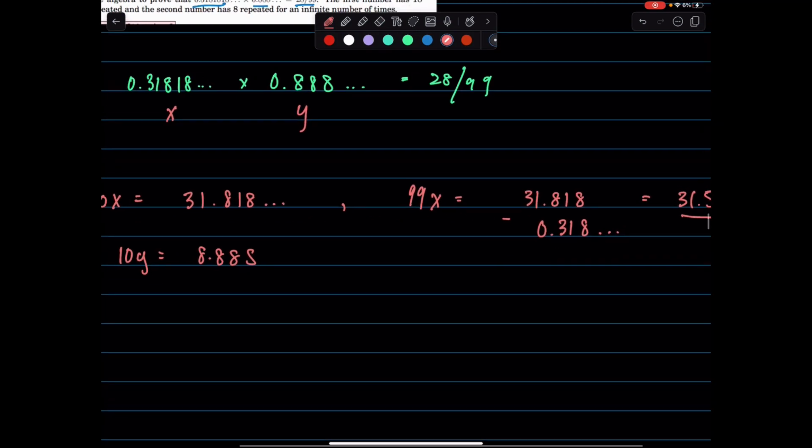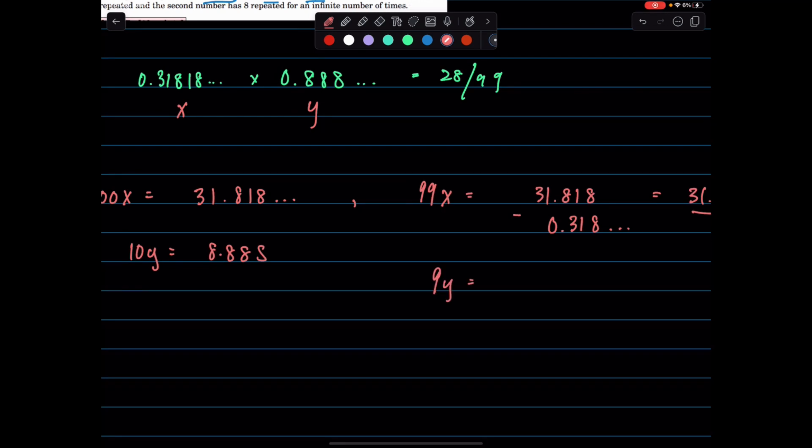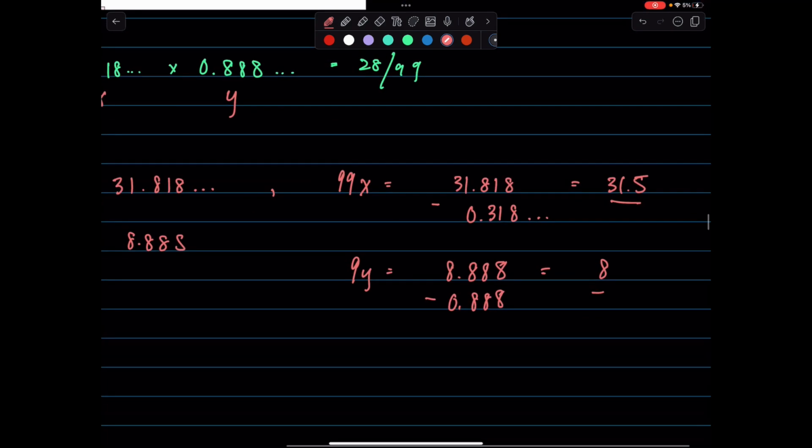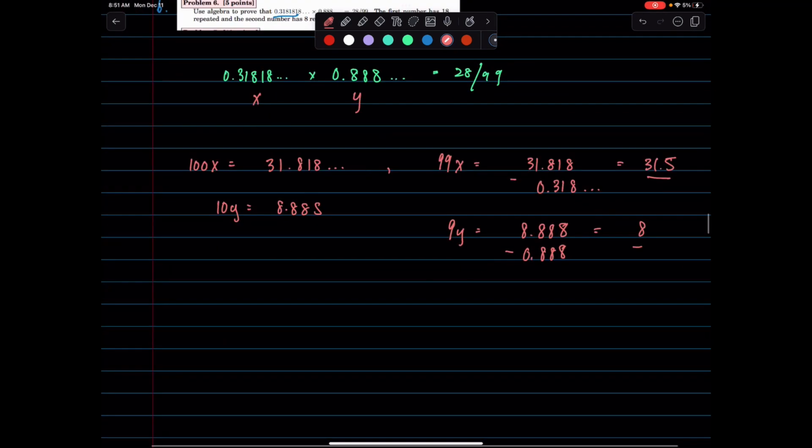And now 9y will basically be 8.888 minus 0.888, and that's just 8. Alright, so we just got rid of the repetition.